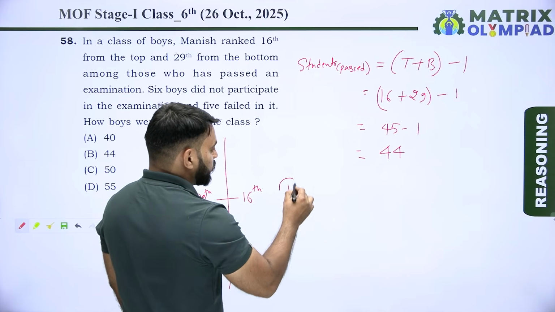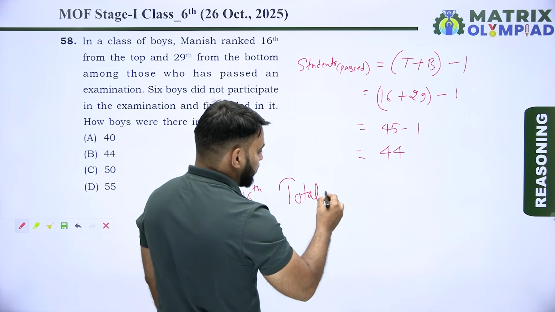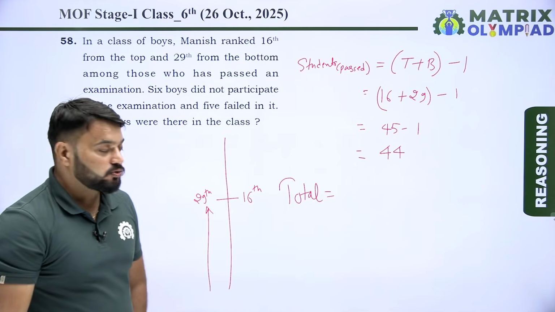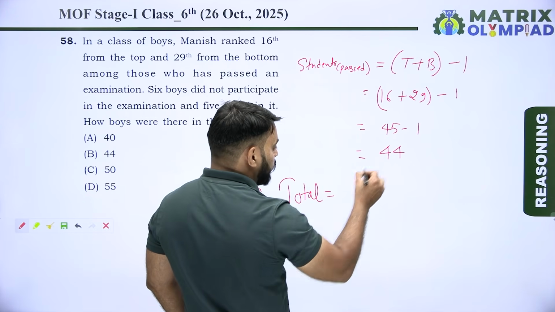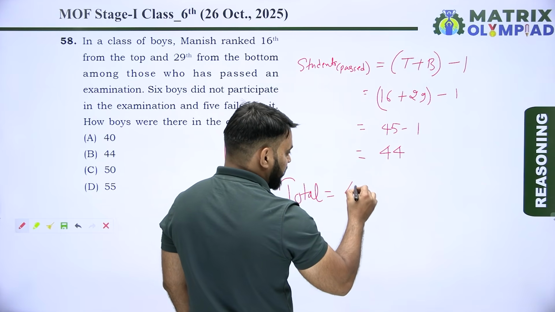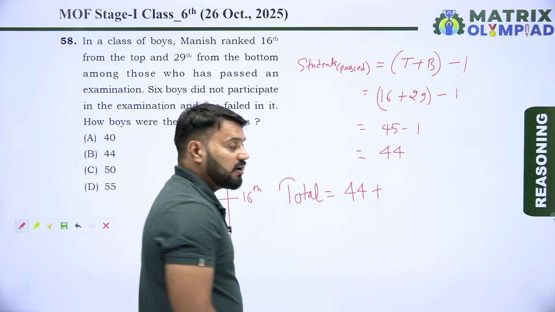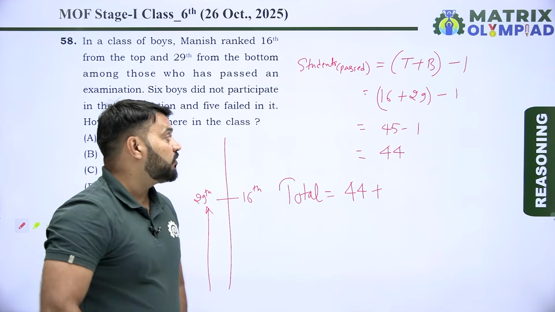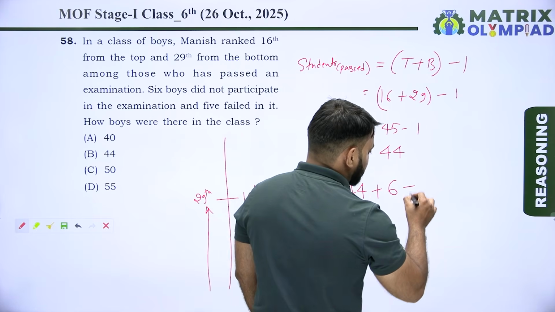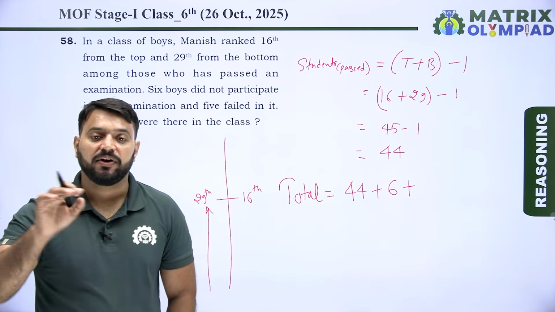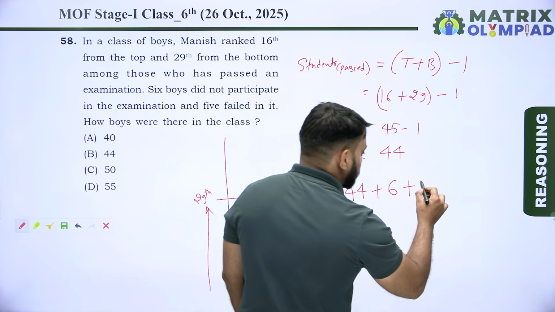Now find the total number of students in this class. So total number of students in this class is equal to number of students who passed the examination, 44, plus number of students who did not participate in this examination, 6, plus number of students who failed in it, which means 5.